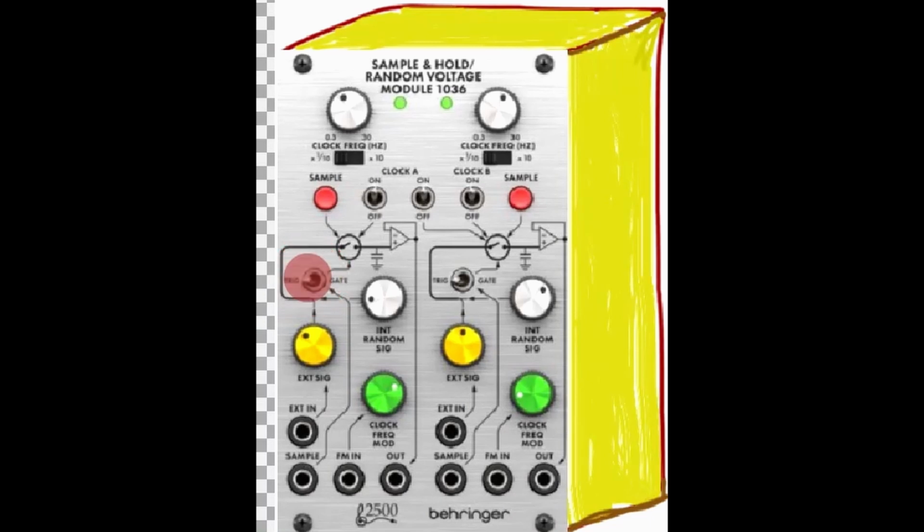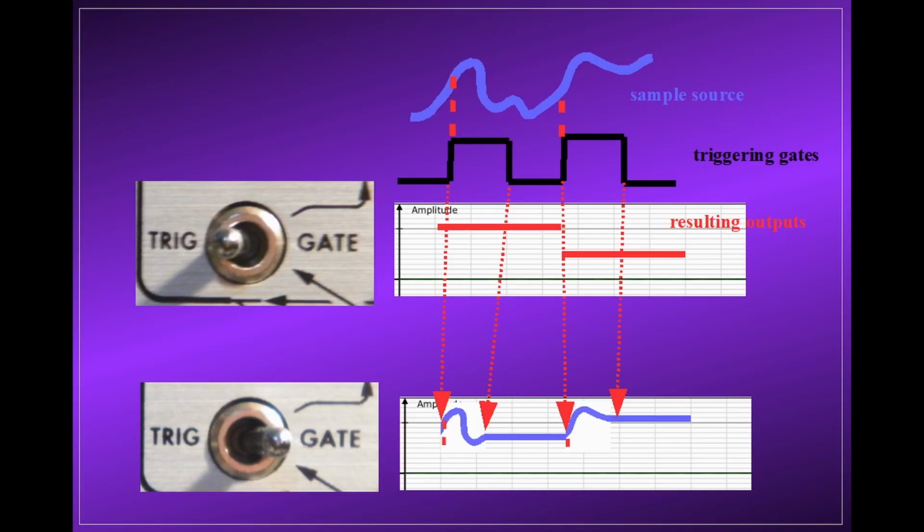I mentioned the trigger gate switch some minutes ago. The typical way a sample and hold module works is taking a quick sample when a trigger impulse arrives, then holding the level until the next trigger impulse makes the unit take a new sample. All goings on in the sample source between 2 consecutive trigger impulses stay disregarded.